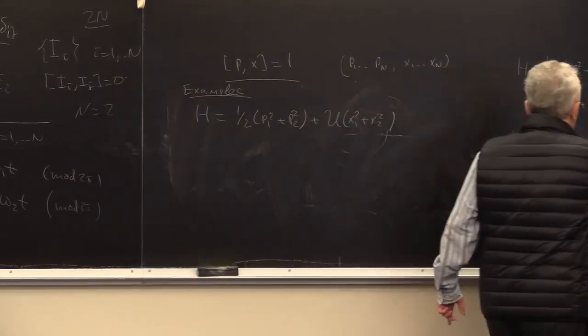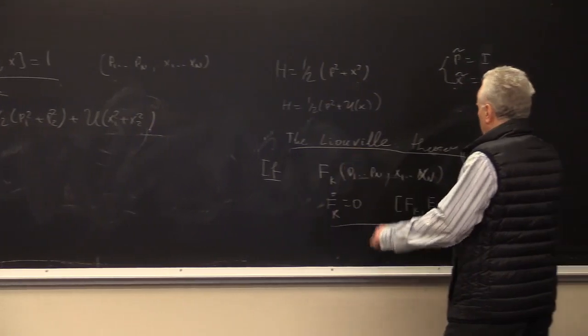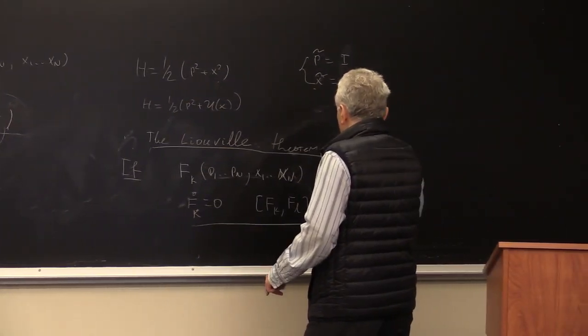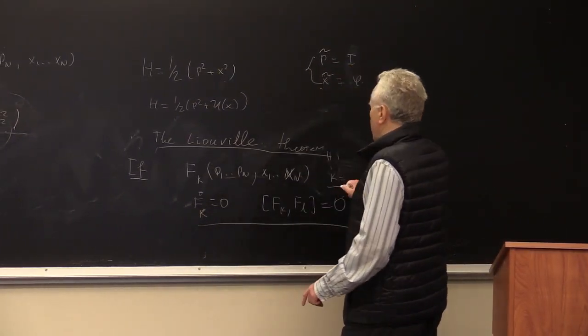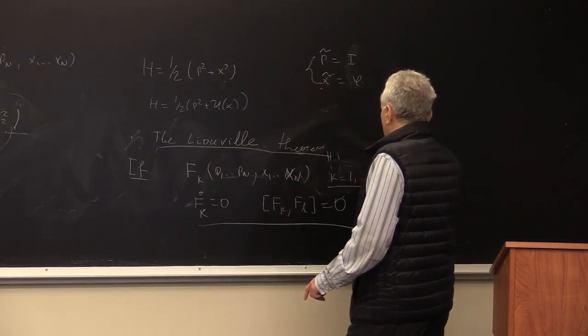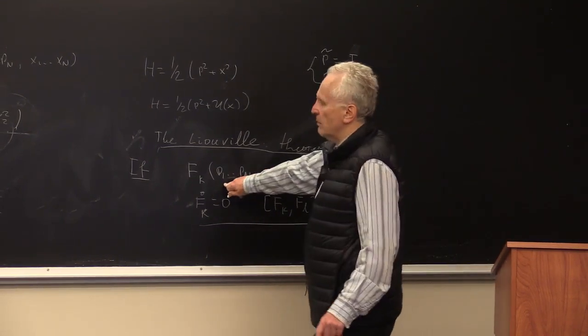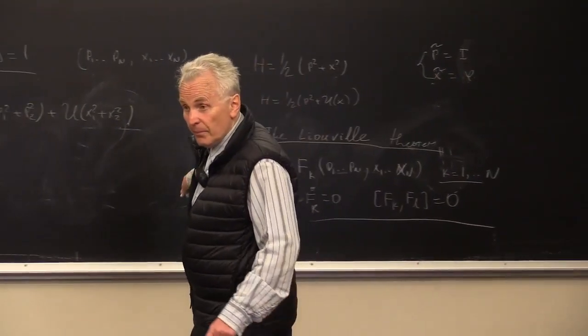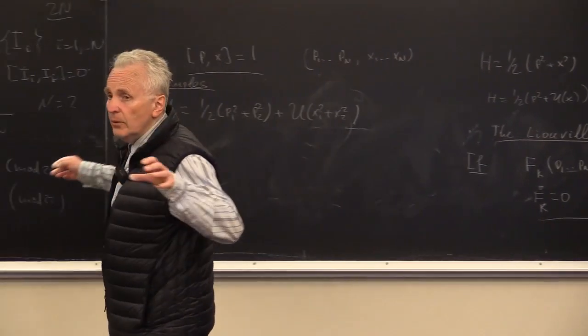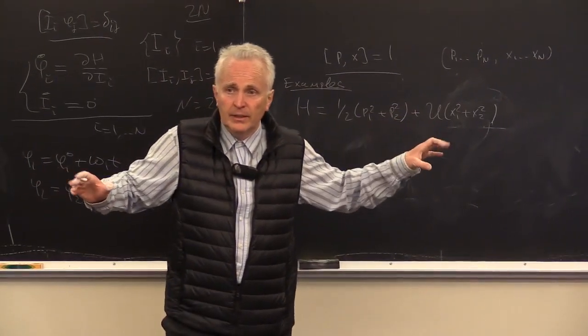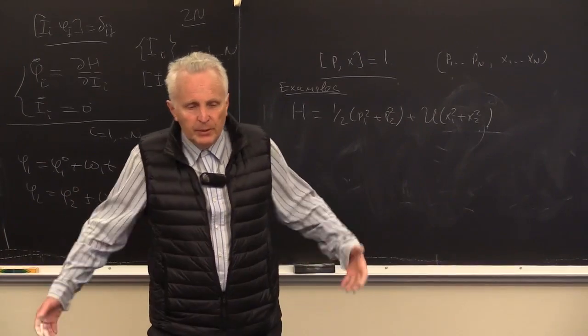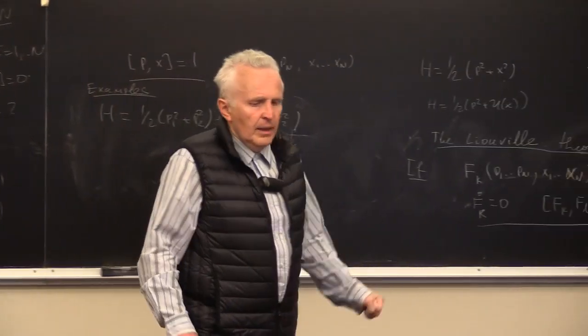By the way, one more important comment: here k is 1 to n, and one of these functions is the Hamiltonian. So the Hamiltonian is included in these n functions because it commutes with itself, obviously.